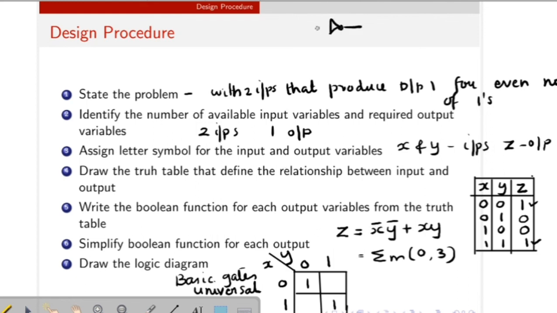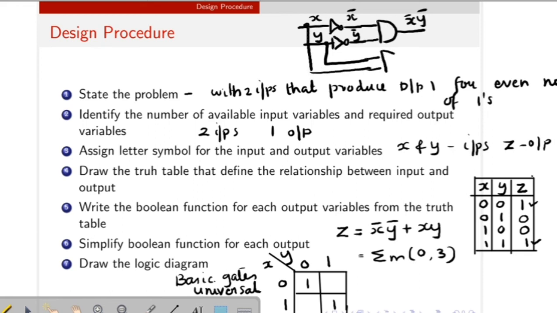Here we invert x, we get x bar. Also invert y, we get y bar. Then we have x bar and y bar. Then take x and y and perform AND operation. So we have xy. Then perform OR operation. So we get x bar y bar plus xy.